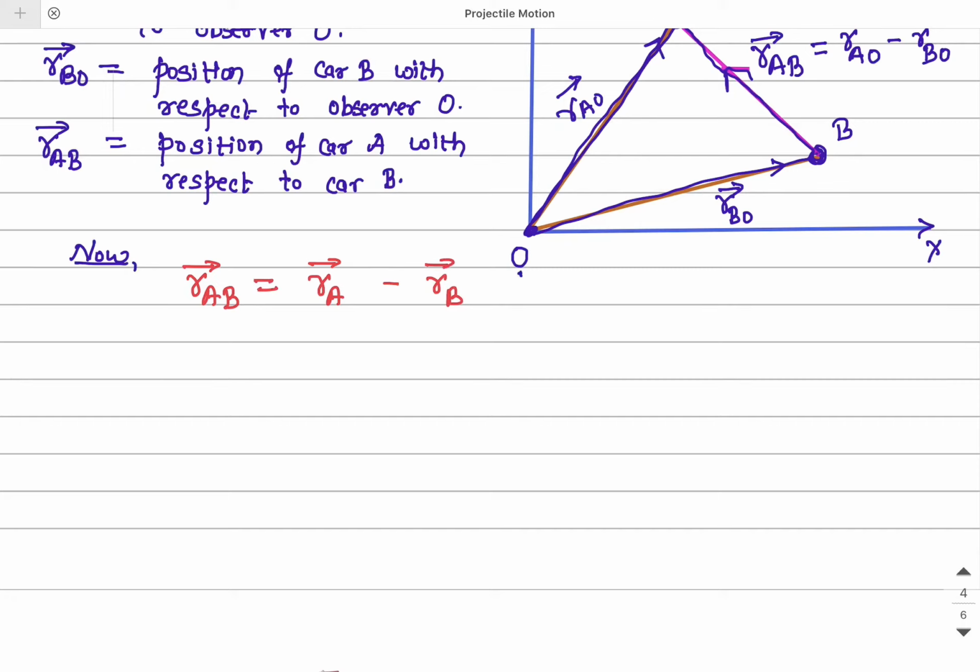Because the positions RA and RB are given with respect to observer O, you just write down O here and O here. Then this becomes the RAB vector, the position vector of car A with respect to B. Now I'm taking the time derivative.